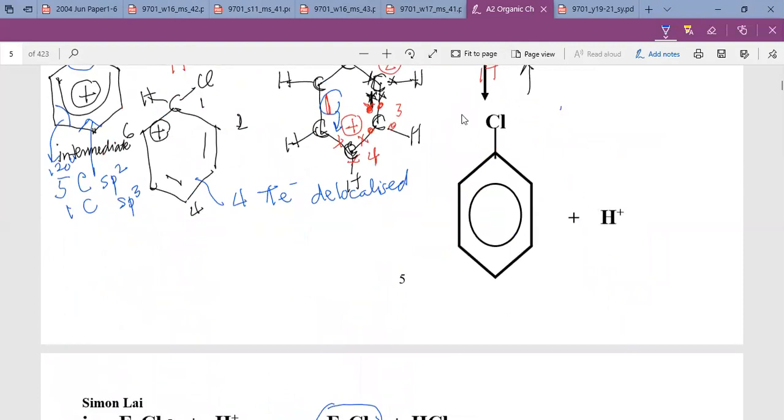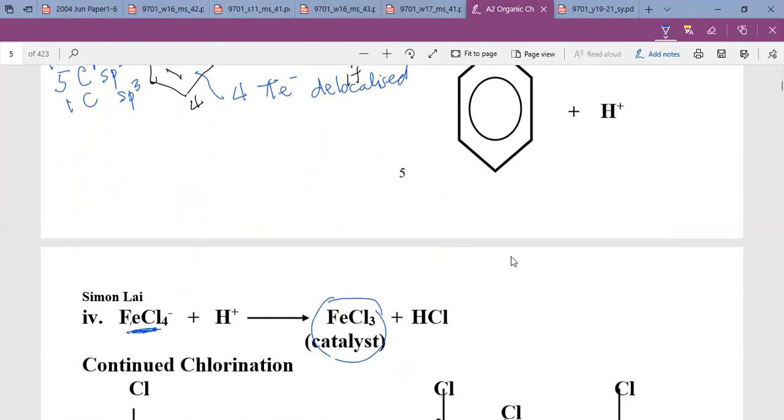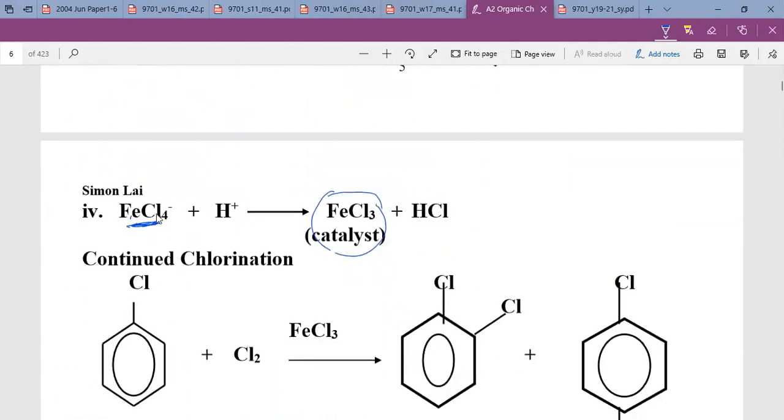And the last part is H plus with FeCl4 minus gives back your catalyst. So why is it a catalyst? Because it is being regenerated. Fe3 plus is being regenerated, that is the word they use. That's why it's a catalyst.